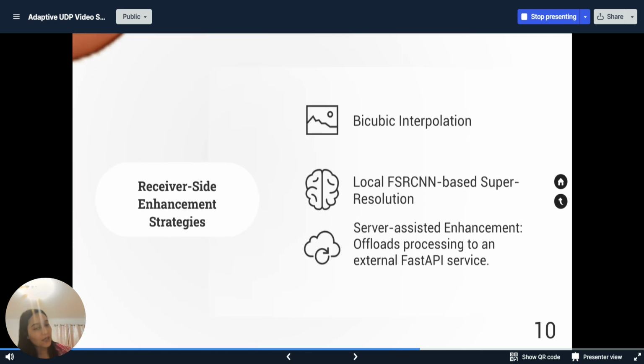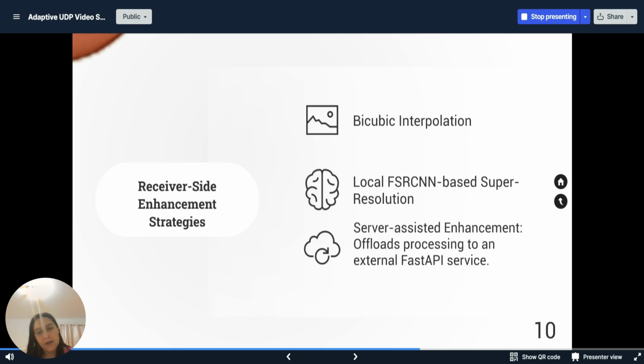So to dive back into how we enhance the model, bicubic interpolation is just a simple way of reconstructing lower resolution frames. We move from the lower resolution pixels, it estimates the neighboring pixels, and that's how it augments the image.